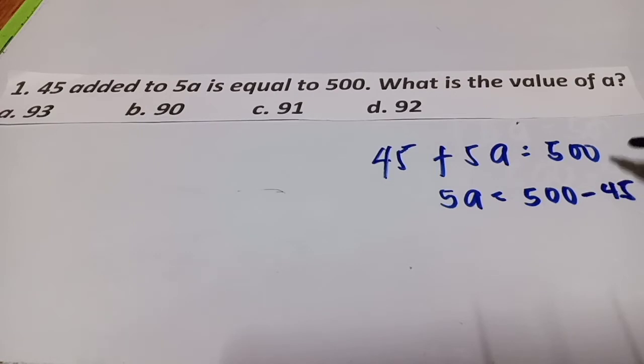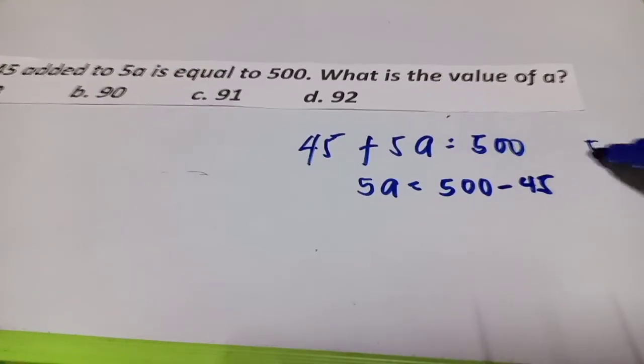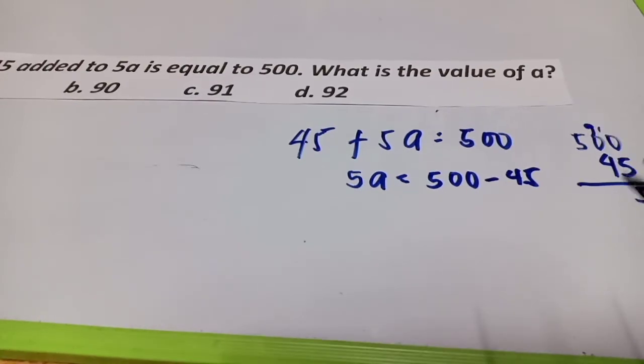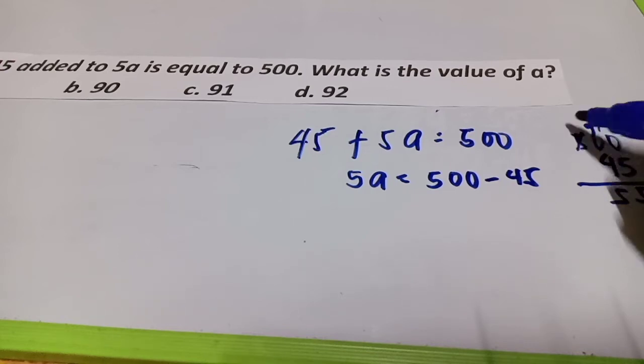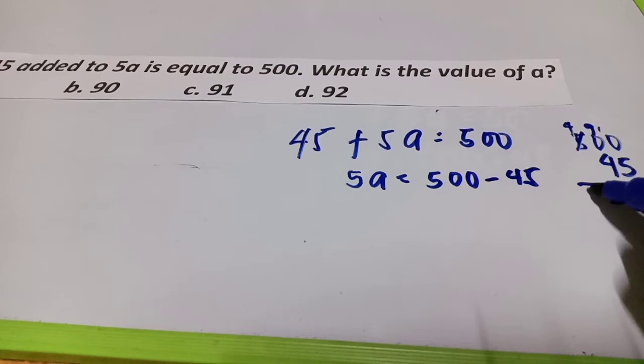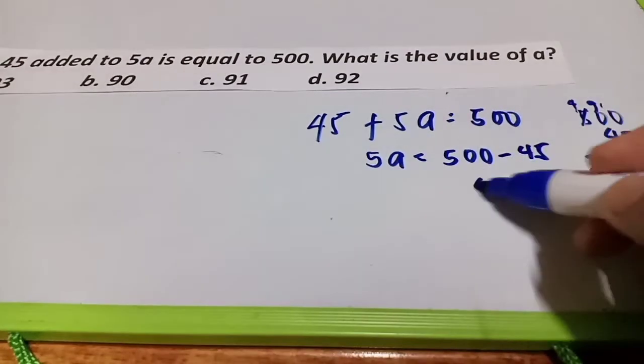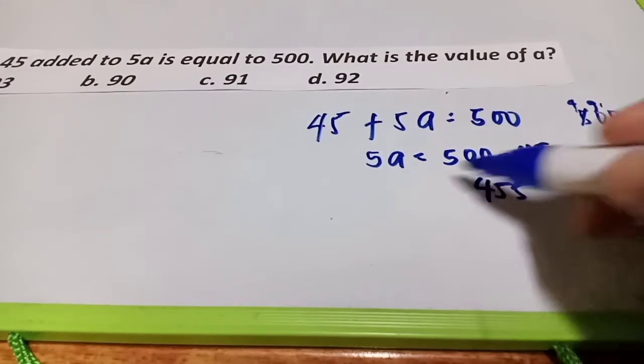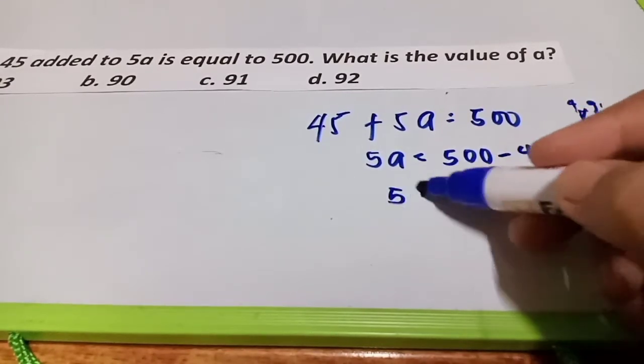If we subtract 500 minus 45, the answer is 455. So 455 is equal to 5a.